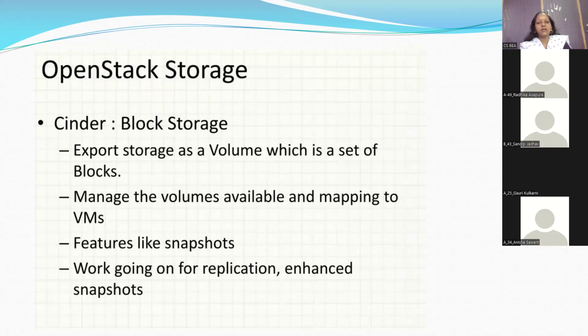It manages the volumes available and their mapping to the virtual machines. Then it gives you features like snapshots, how you are maintaining the snapshot. Like that, block storage works, and work is going on for replication and enhanced snapshots.